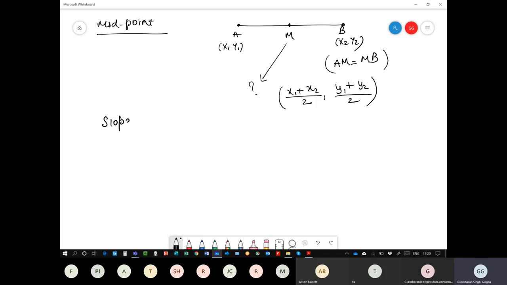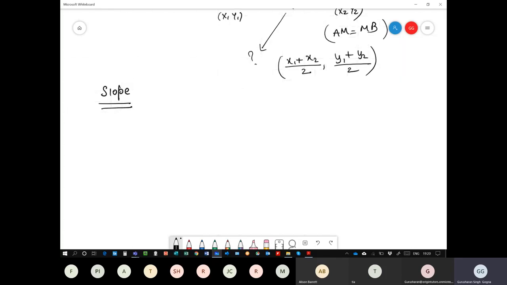Next thing which you need to study is slope. So what do you mean by slope? Slope is a very common word. For example, you have a dining table, center table, and that kind of stuff. So the slope of the table is 0 because it is parallel to the ground. And the ground here means the x-axis.